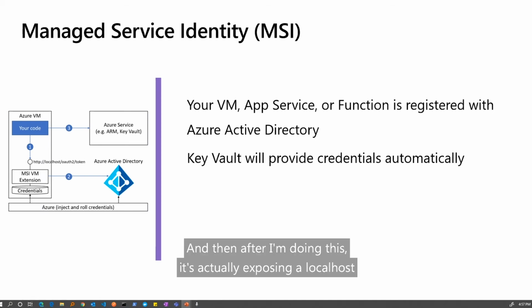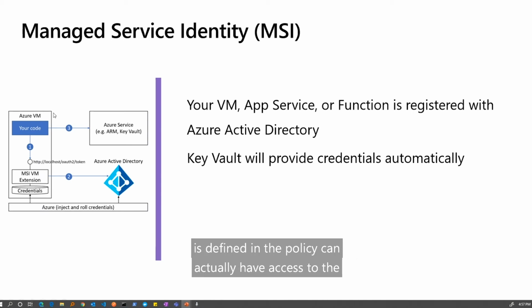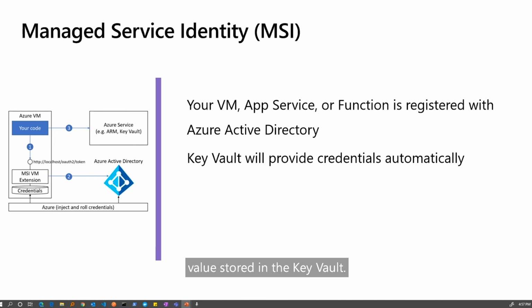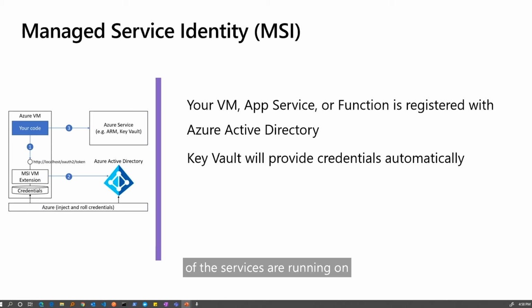And then after I do this, it's actually exposing a localhost endpoint for that Azure application to get the valid credentials. So nobody can call this endpoint outside of the machine, which means that in the end, only the application that is defined in the policy can actually have access to the value stored in the key vault. And this is pretty much automatically managed because all of the services are running on Azure.